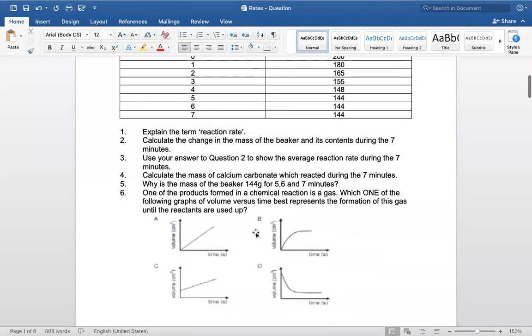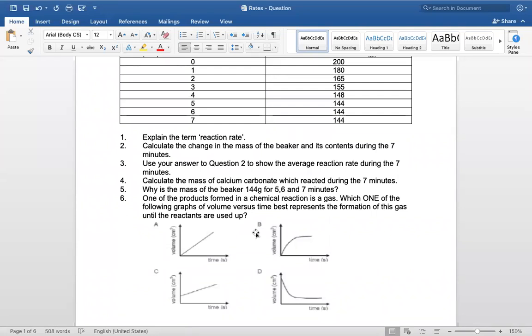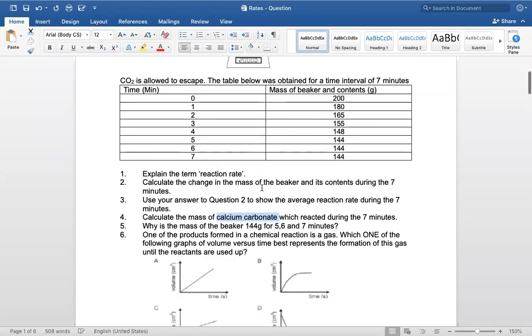Question 4. Calculate the mass of calcium carbonate which reacted during the 7 minutes. The mass of calcium carbonate, this is important. All right. What do we have? If you look at question 3, we worked out the rate of the reaction, and what we can do there, we can calculate the mass of what in question 3? The mass of the gas that was released.